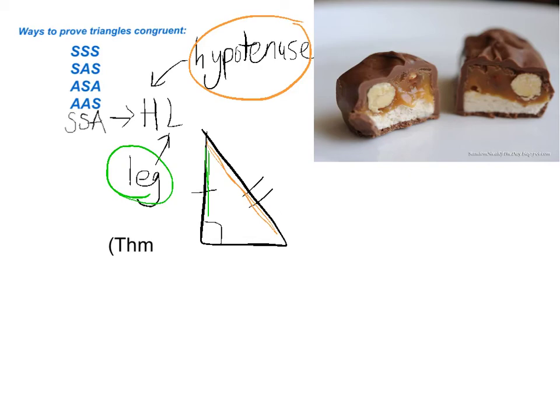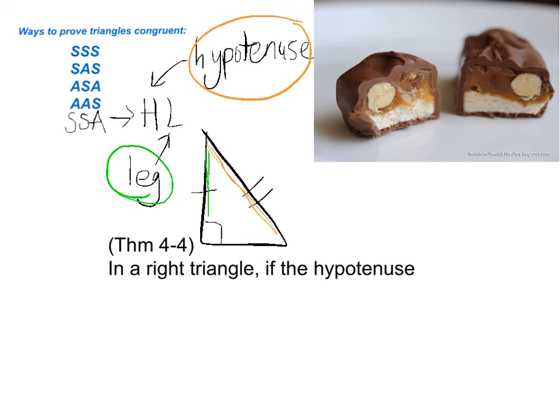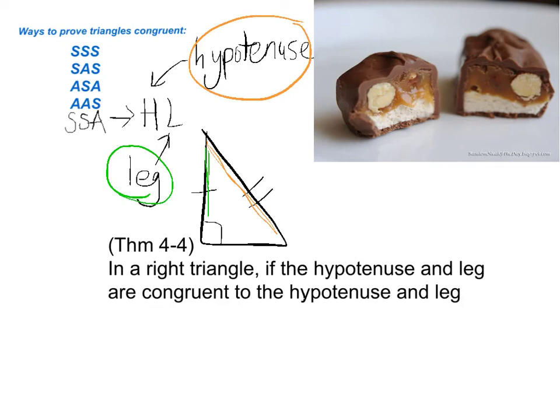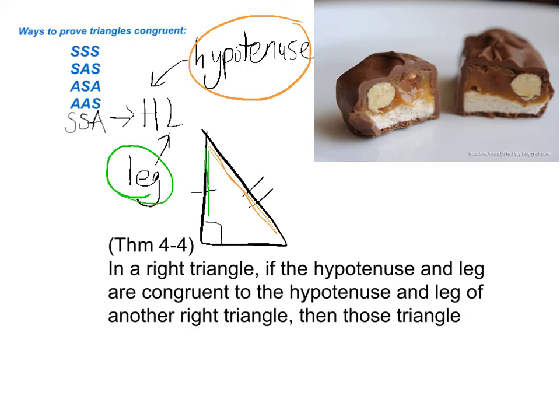Here we go. Theorem 4-4 goes something like this. In a right triangle, that's the important condition, if the hypotenuse and leg are congruent to the hypotenuse and leg of another right triangle, then those triangles are best friends.